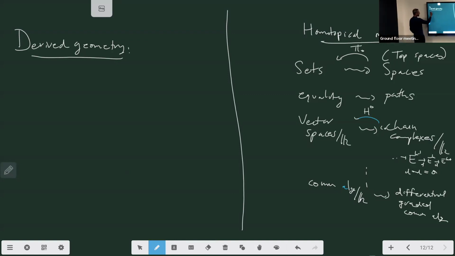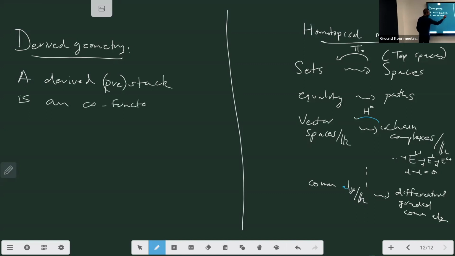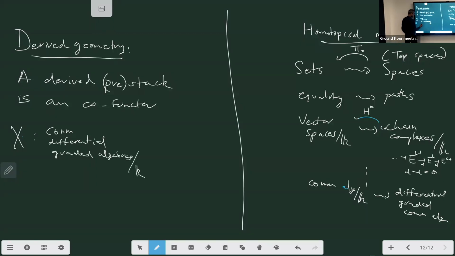So a derived prestack is just a functor, and, strictly speaking, I should say an infinity-functor, which goes from commutative differential graded algebras over K with cohomology H^n(A) equal to 0 for n bigger than 0.